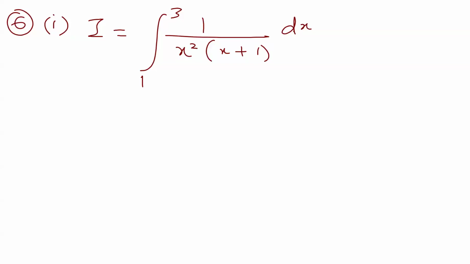First of all, the degree of the numerator is 0, the degree of the denominator is 3, x square into x is x cube. So we can apply partial fraction. There are two different partial fractions that we can apply, repeated linear or linear and quadratic.